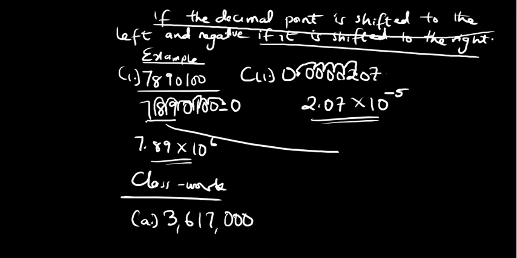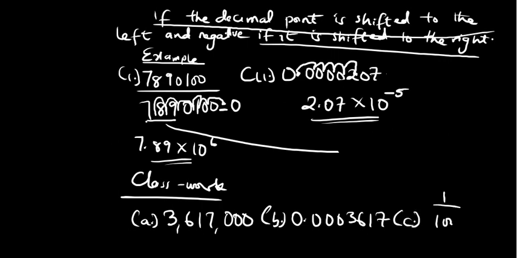So we now have B, 0.0003617. We also have C, which is 1 over 10,000. Let me tell you how to do a question like this.